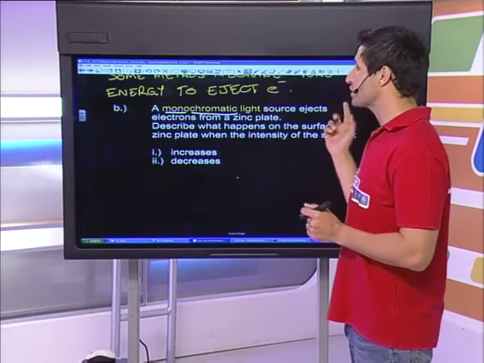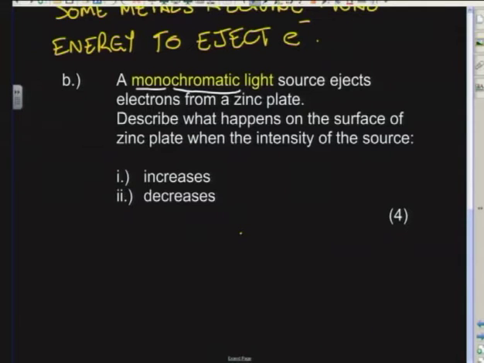Now it says it ejects electrons from a zinc plate. That's quite important. This light ejects electrons, which means it's doing the photoelectric effect from a zinc plate. So it's pretty important that it's got enough energy to eject electrons from a zinc plate. Now, it's asking us quite a conceptual, quite a difficult question.